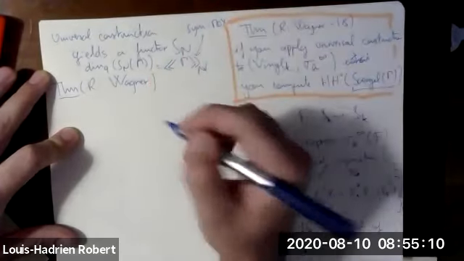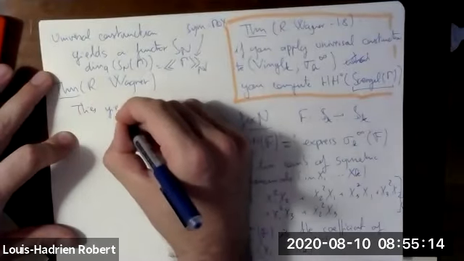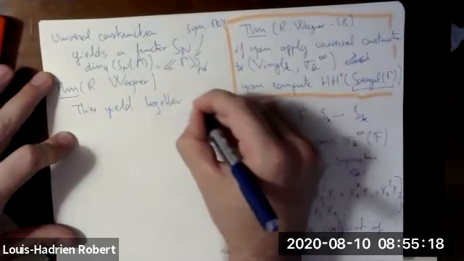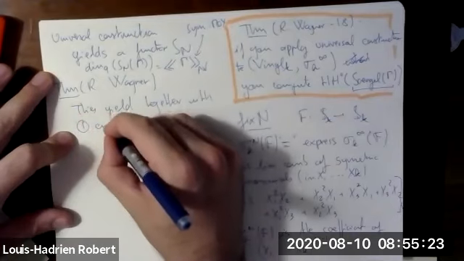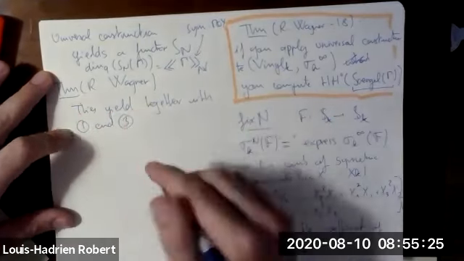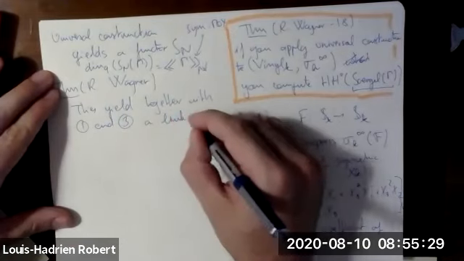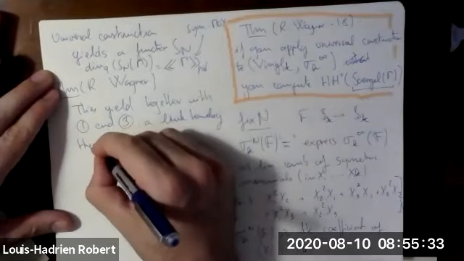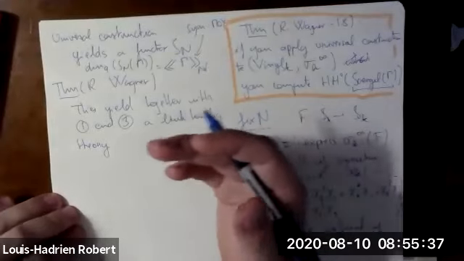And this theorem says this yields, together with steps 1 and 3, a link homology theory which categorifies what we wanted.